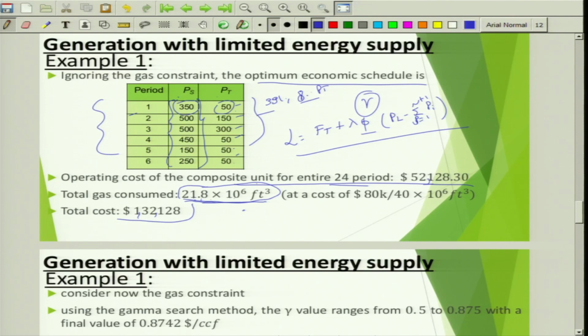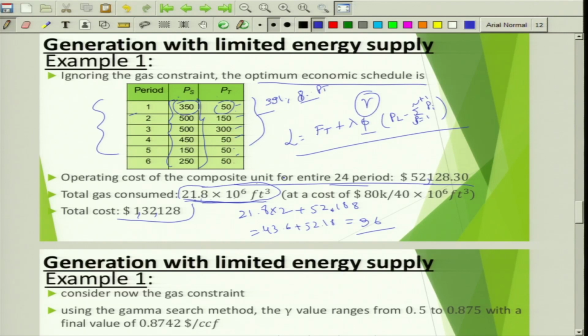Let us try to calculate how much it comes out to be, 21.8 into 2, right, $2, plus 52,128 or 52.18. 43.6 plus 52.18 comes out to be nearly 96 or something, let us say 95 point something or 96 odd.